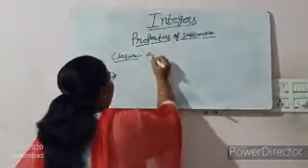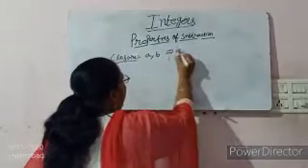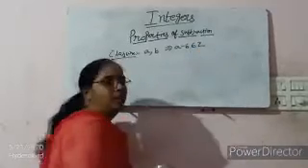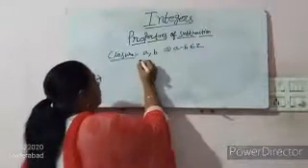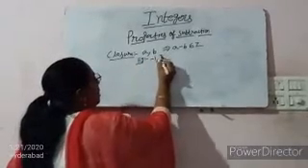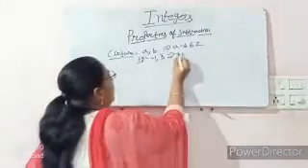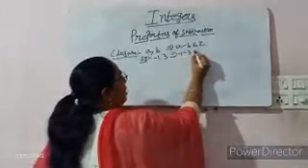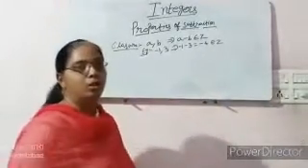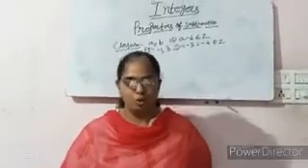For example, if a and b are two integers, then a minus b should also be an integer. For example, -1 and 3. If I take these two as integers, -1 minus 3 equals -4, which is an integer. So the closure property is satisfied under subtraction also.